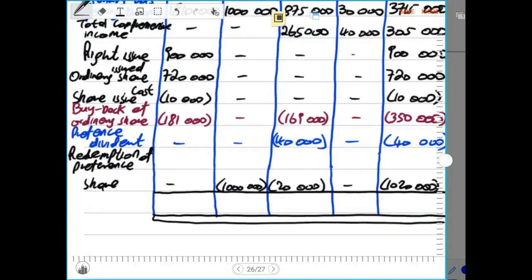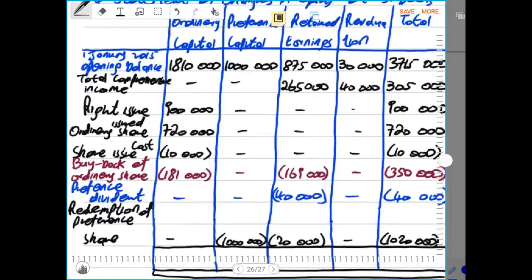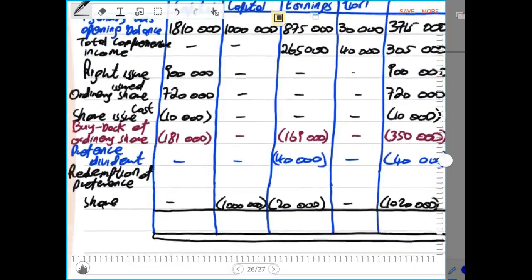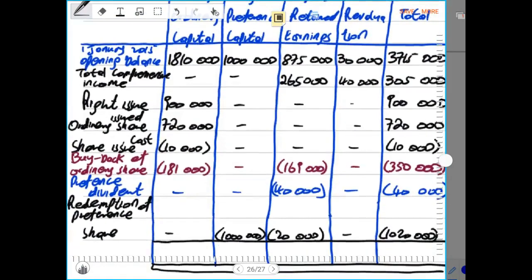We have recorded 1 opening balance, 2 total comprehensive, 3, 4, 5, 6, 7. All the entries, I think we have covered them in this statement.